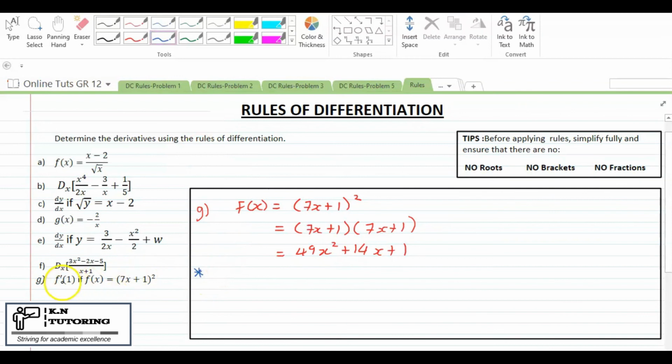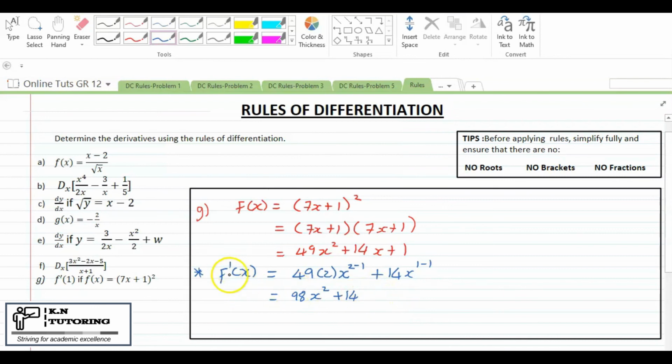The notation that is given is f′, so f′(x) equals: my coefficient there is 49, I drop the 2, then I've got x, and I subtract 1 from the 2, plus 14x, 1 minus 1. 49 times 2 will give me 98x to the exponent 1, plus 14 times x to the exponent of 0, which is equal to 1, and 14 times 1 is 14.